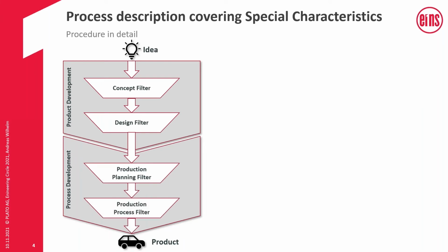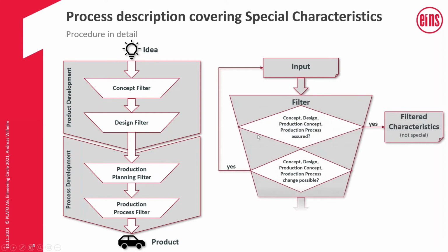In these different phases of the product life cycle, they start with what they call a concept filter, handing over to a design filter. This is during the product development, and later in the process development, it continues with the production planning filter and the production process filter. Such a filter in detail is shown here on the right.